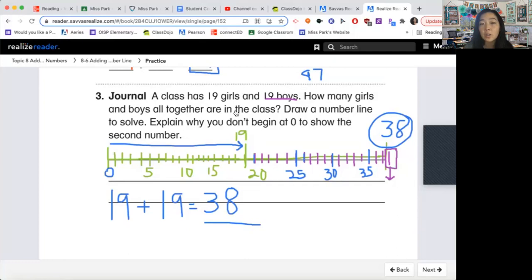We started at 0 kids, and we have 19 girls. We need to add on from 19 to find out what the total number is, which is why we add another 19. Here are the girls, now we're adding up the boys, and that gives us our total, which is 38 boys and girls in our class.